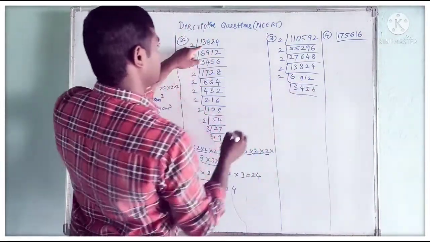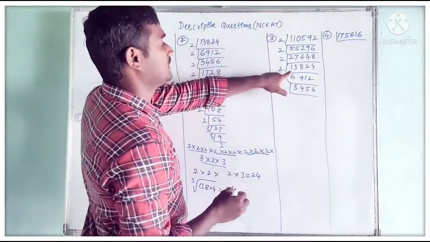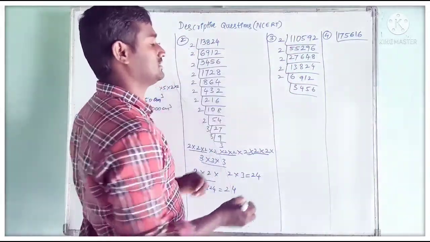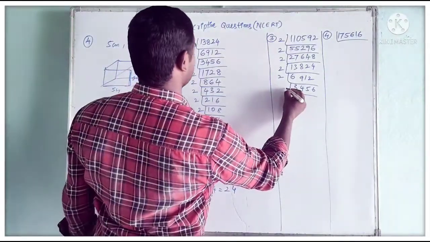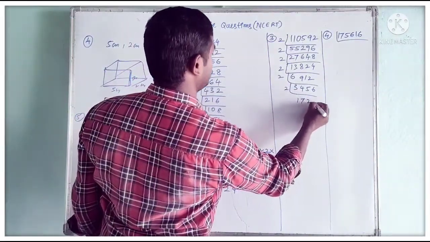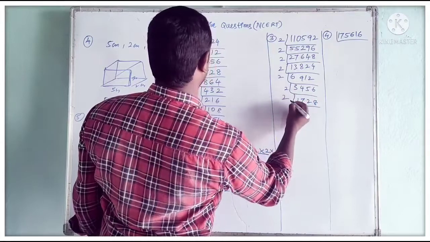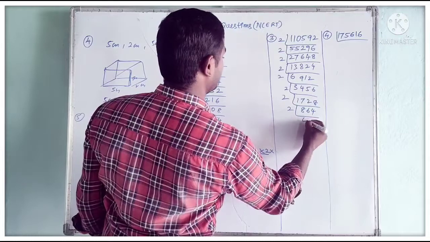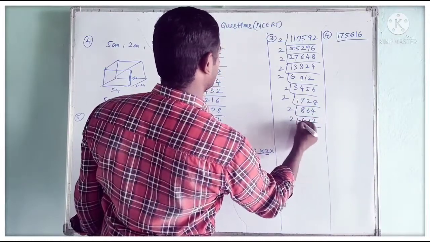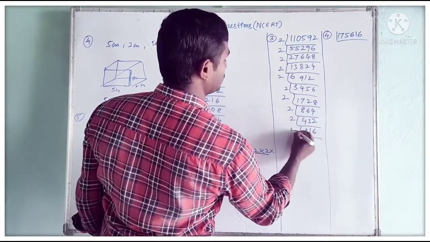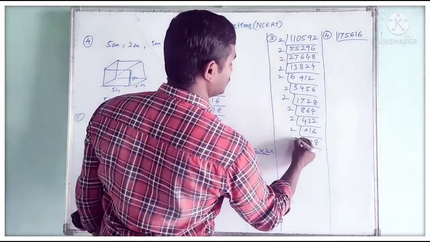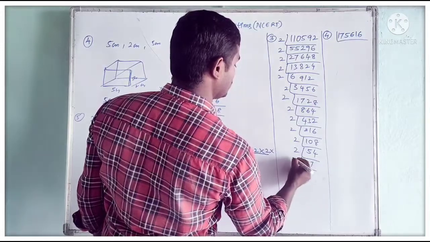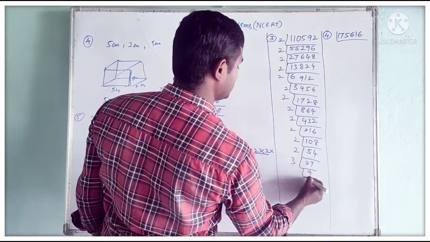If you see from this 13,824 you can continue this, you can write down here as it is. So it becomes 27,648. Next 13,824, 6,912, 3,456, 1,728, 864, 432. Next 216. 108. 54. 27. 3 9s, 3 3s.